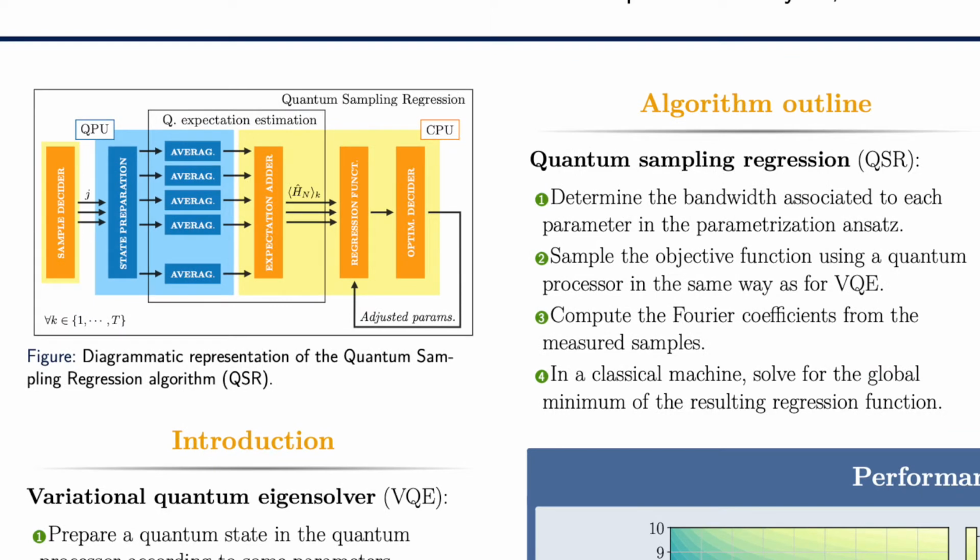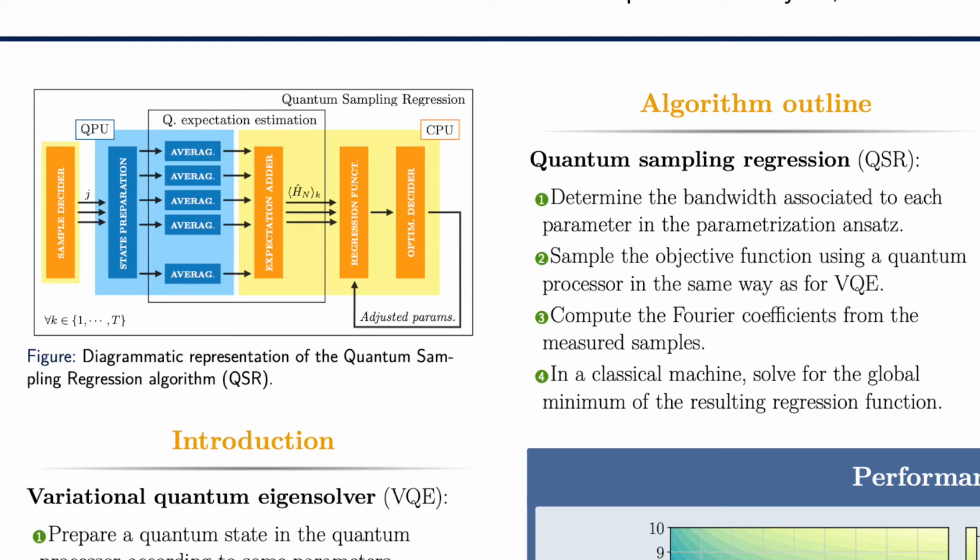To address this issue, we have come up with a new algorithm based upon Fourier analysis of the expectation value function that we want to optimize. Quantum Sampling Regression, or QSR for short, first determines the number of samples that need to be taken for every parameter in the parameterization ansatz. This is accomplished by analyzing the topology of the quantum circuit in charge of implementing said parameterization, and therefore coming up with an associated bandwidth.